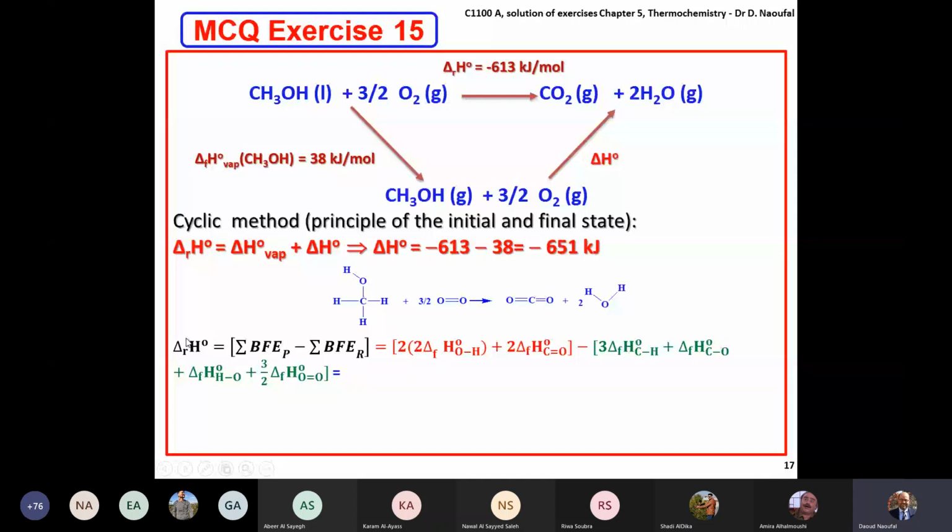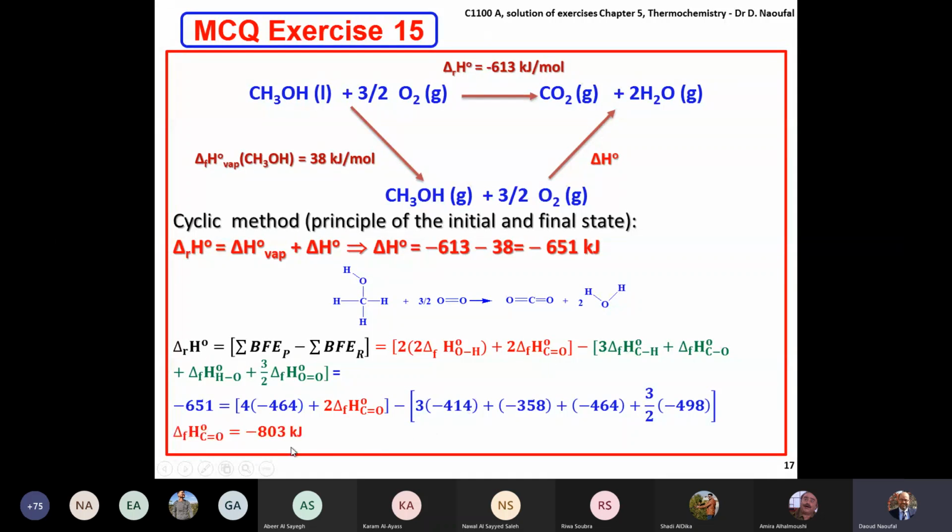Delta H0 is calculated by the cycle method, and we have all the bond energies of the bonds except CO, so we can deduce delta H0 of the bond C double bond O equals minus 803 kilojoule. So the correct answer is B.